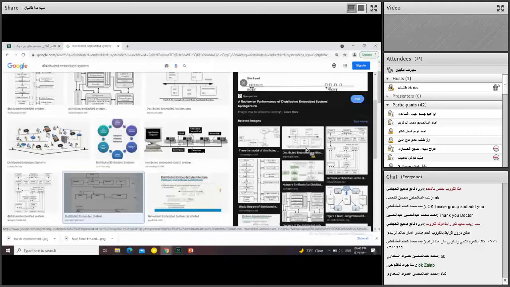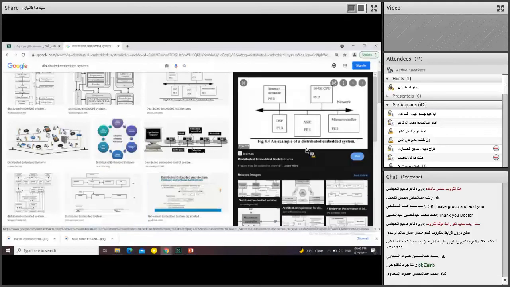Let me see. Yes, distributed embedded architecture. An example of a distributed embedded system. You can see this. In this example, we can see a network here, or connection to the network, and we can see some processing elements.